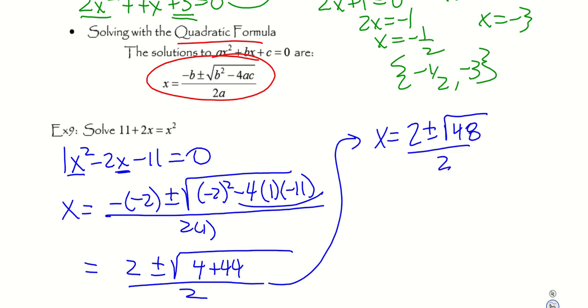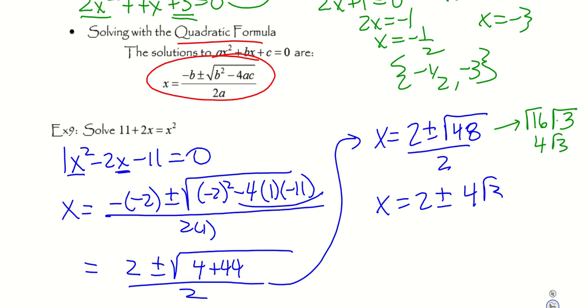This 48 is the same thing as 16 times 3. So I can break up that square root over multiplication, never over addition or subtraction, and that is 4 root 3. So that gives me x equals 2 plus or minus 4 root 3 over 2.